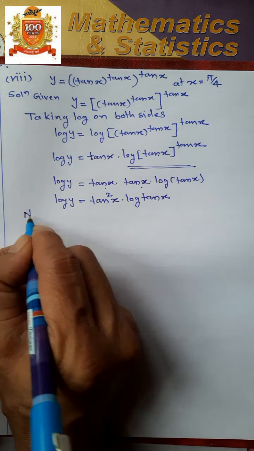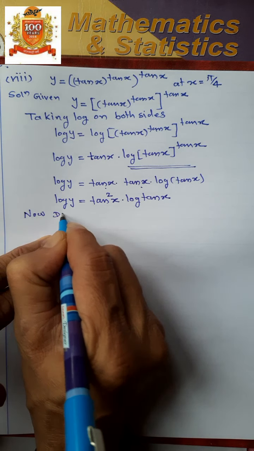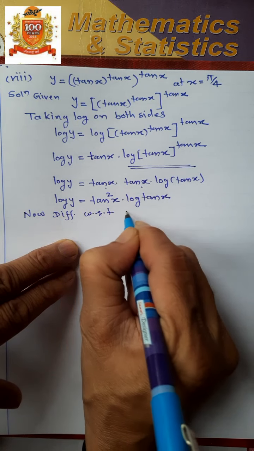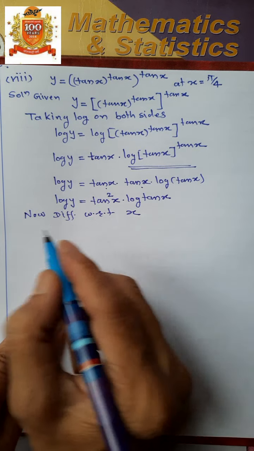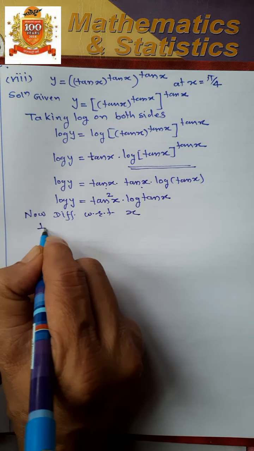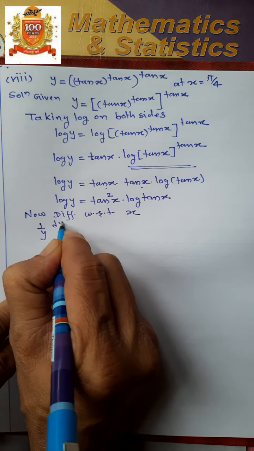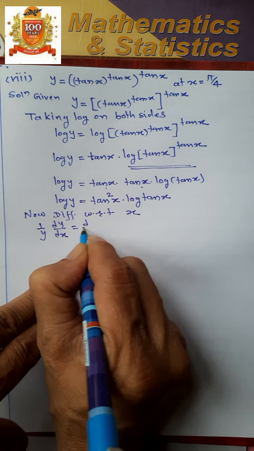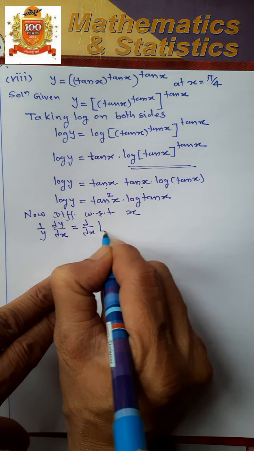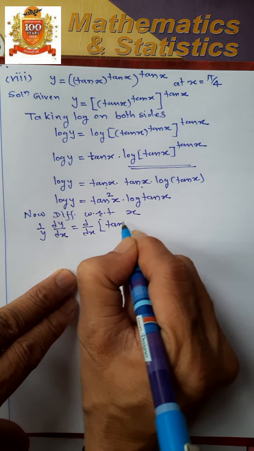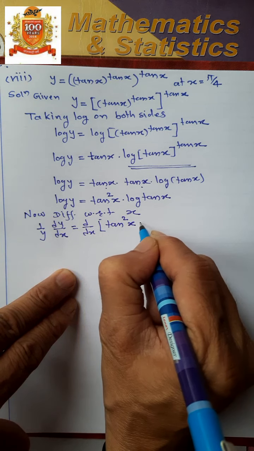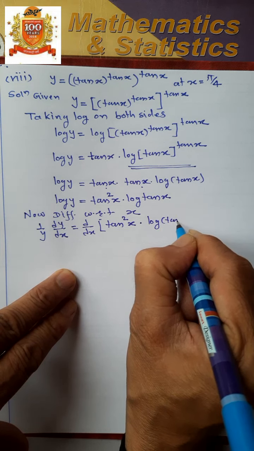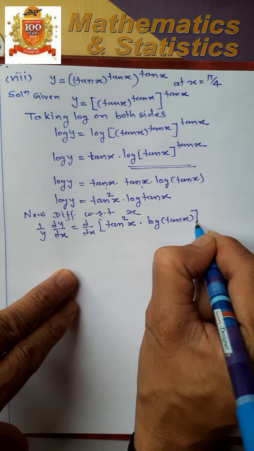Now differentiating with respect to x, 1 upon y dy by dx is equal to d dx of tan square x into log of tan x, isn't it?